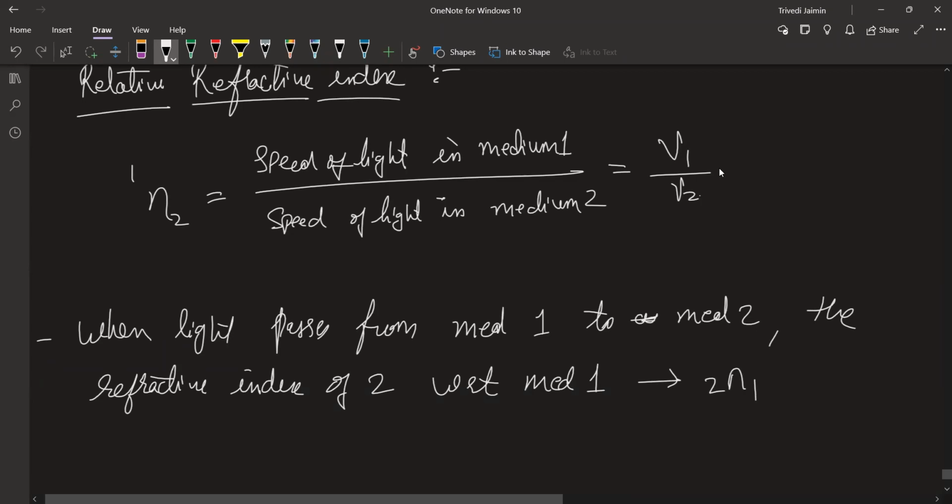This is called refractive index or relative refractive index. Medium 2 is related to medium 1. That's what they are saying.